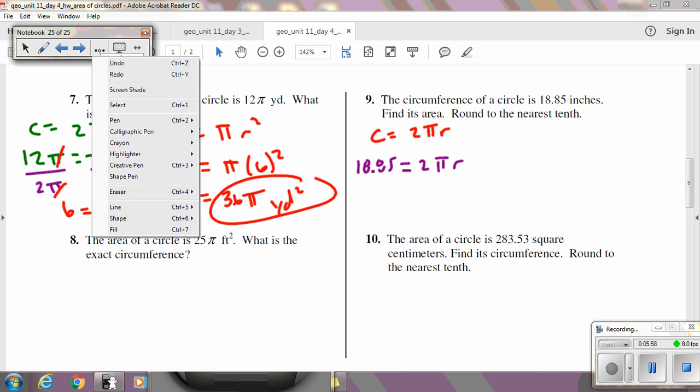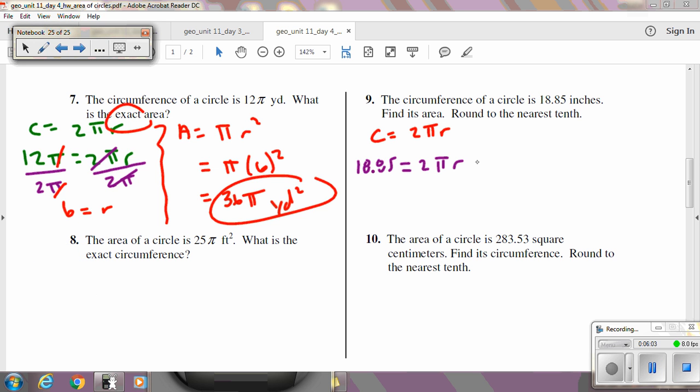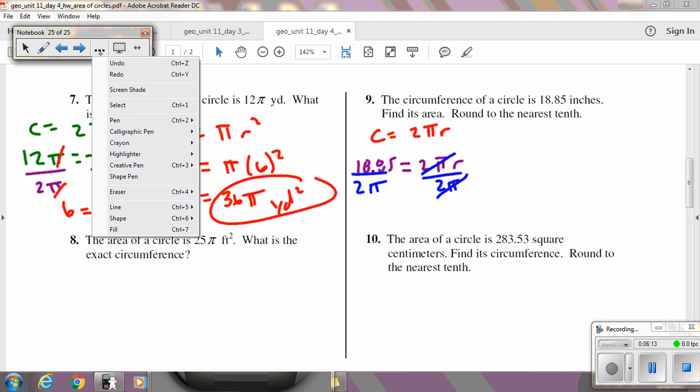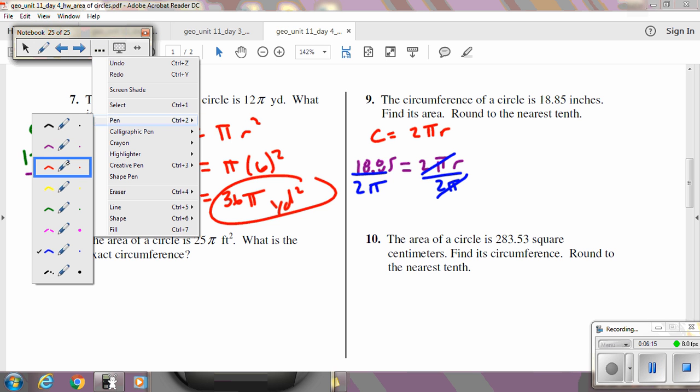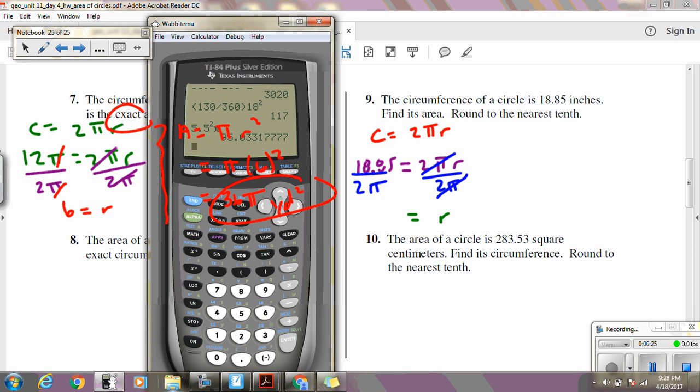Again, I want my radius by itself, so I have to divide both sides by 2 and pi. So I'll have the radius by itself, but I'm going to need to grab the calculator to divide this out.